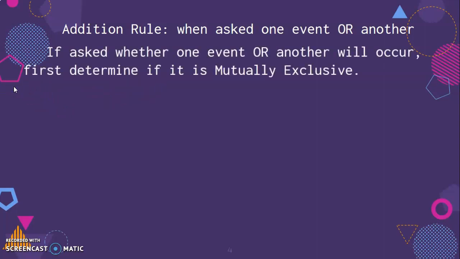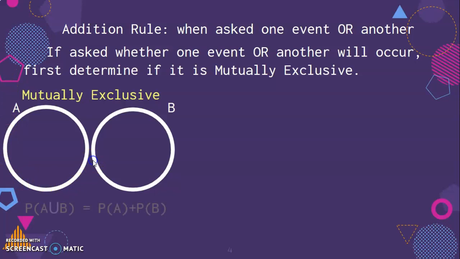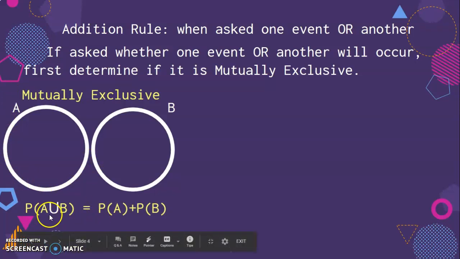And when it's mutually exclusive, like we talked about, and these shapes show that there's no intersection, the or, which is the union of A and B, the probability of that is simply the addition of the probability of A and the probability of B. So that's our simplest case. When mutually exclusive events, and we're asked to say, is it A or B, we simply add them.